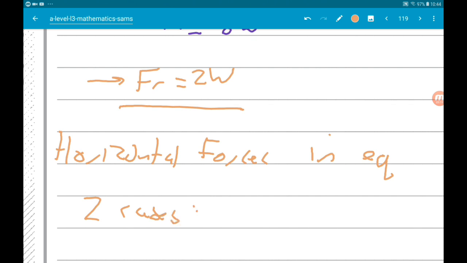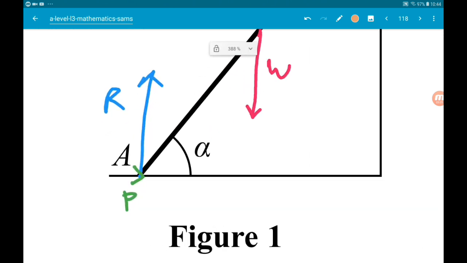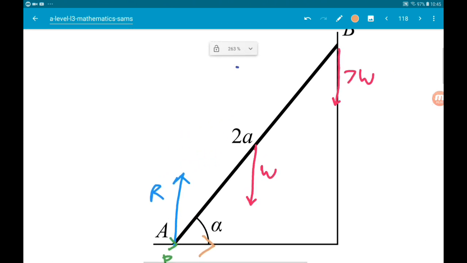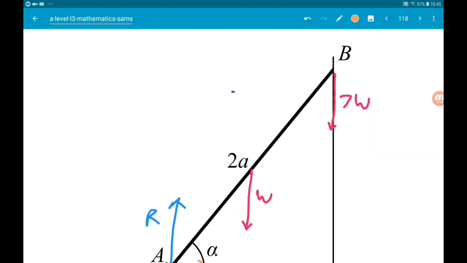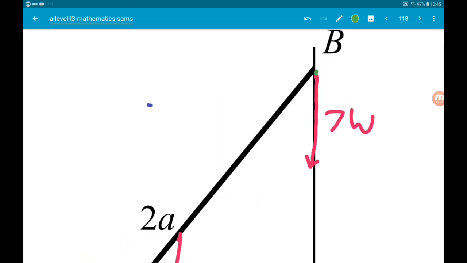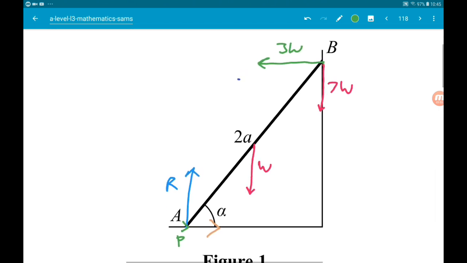Now, either friction is working to the right as well, so that would mean that P add friction minus 3W, which I forgot to put on. So case 1, P add friction minus 3W is equal to 0.